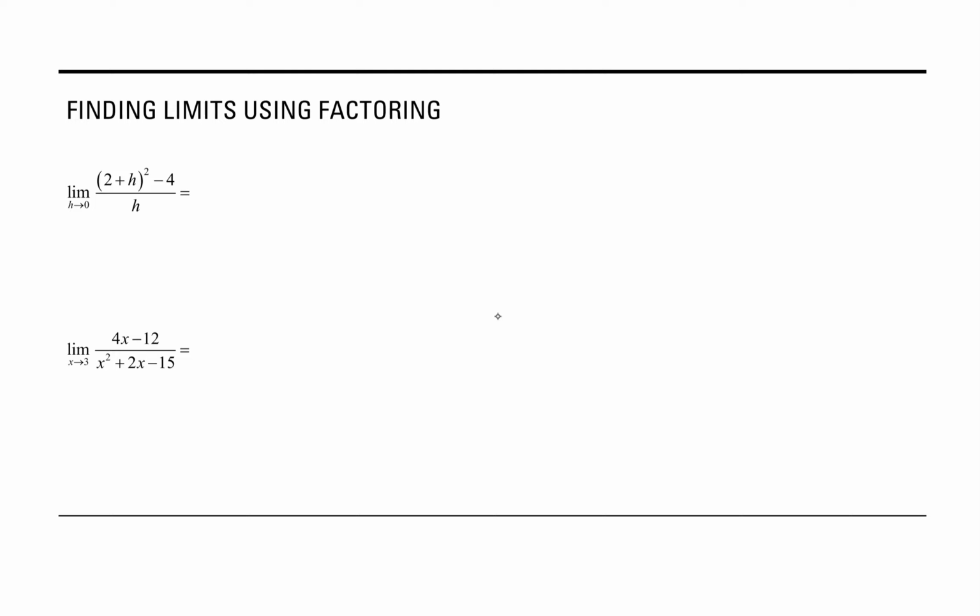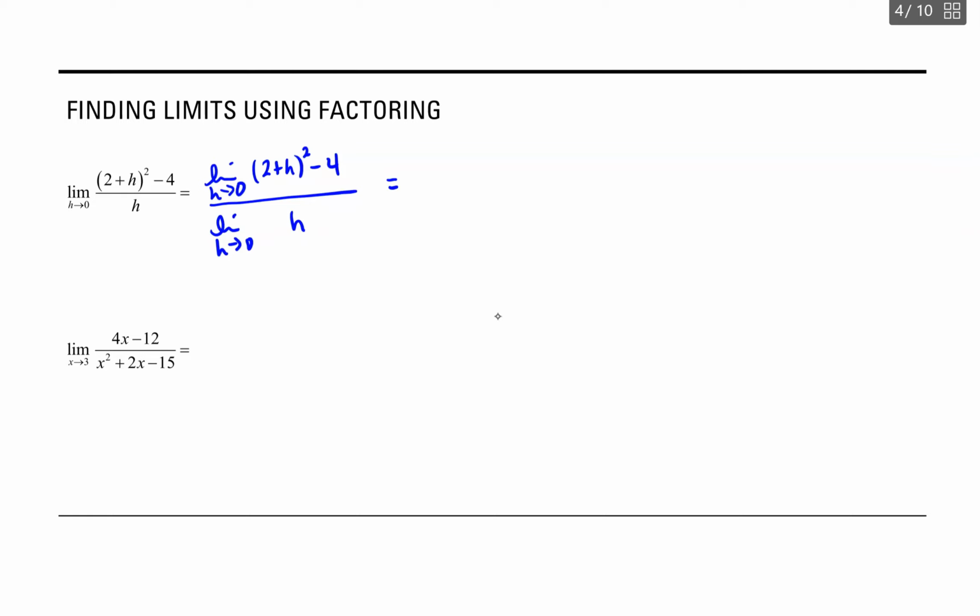Now, let's take a look at this limit as h approaches 0 of the quantity (2 plus h) squared minus 4, divided by h. If I go ahead and try to use the limit laws without any manipulation, we'd have the limit as h approaches 0 of (2 plus h) squared minus 4 over the limit as h approaches 0 of h.